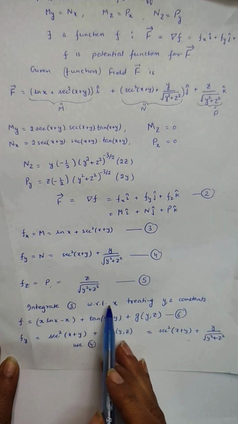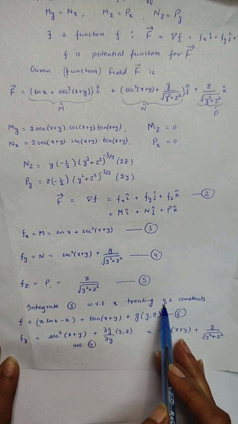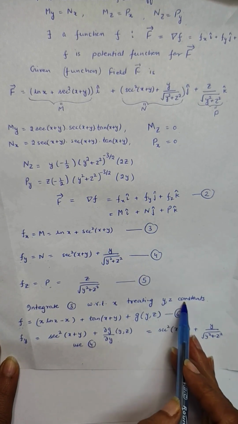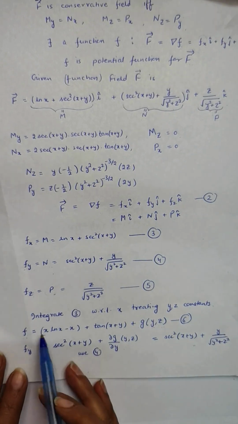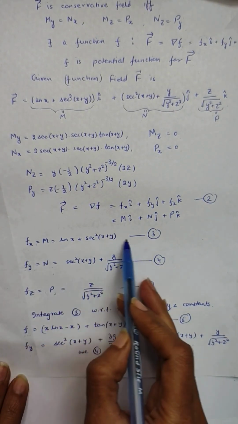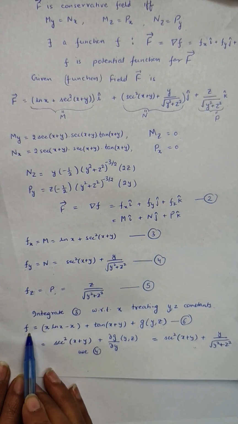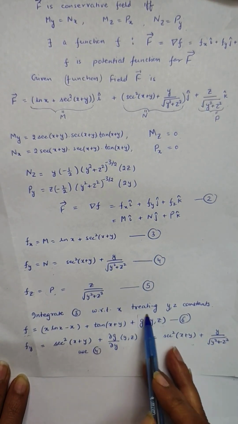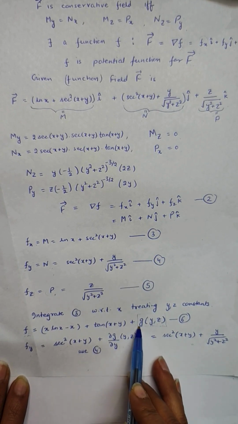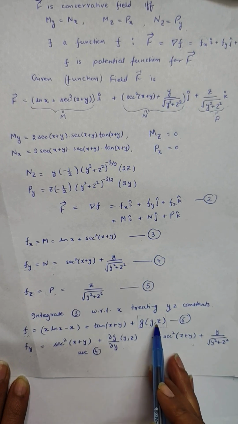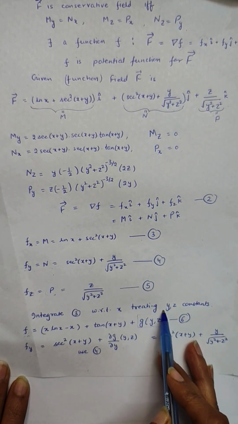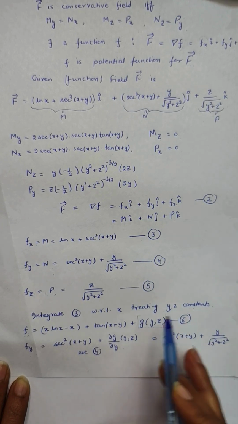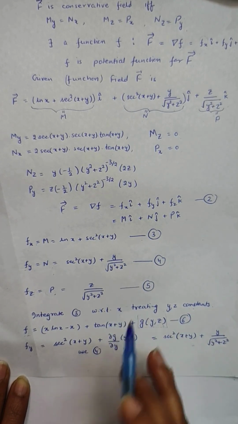All right, we are integrating with respect to x, so any other variable will be treated as a constant. So what do we get after we integrate this equation with respect to x? We get this function where g is a constant of integration. Why is this a function of y and z? Because we treated y and z as constants when we integrated with respect to x.